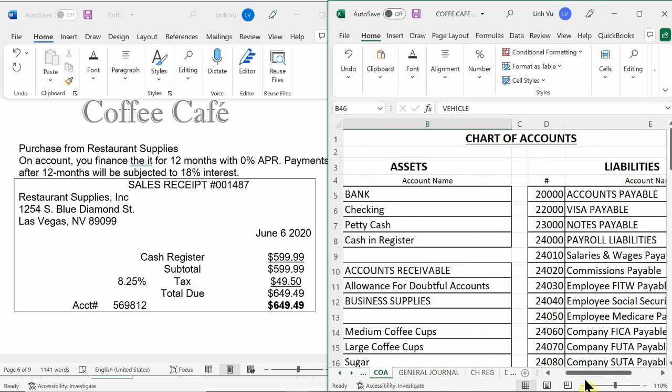Like I mentioned before, accounts payable has a definite due date. Visa payable? Do we have a credit card? Do we pay with the credit card? No. Notes? Notes payable. Notes payable is where it's an IOU, but you can take advantage of making payments, right?